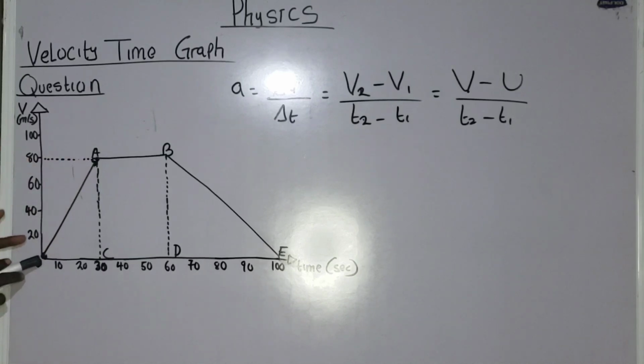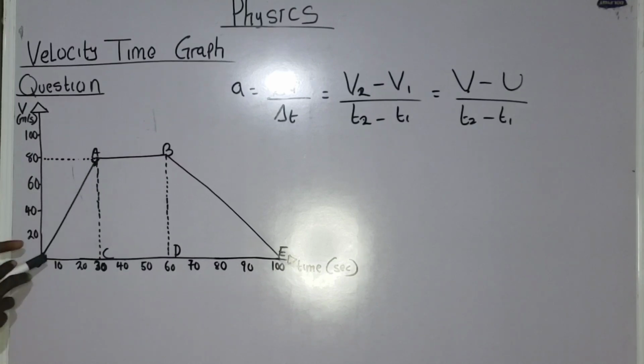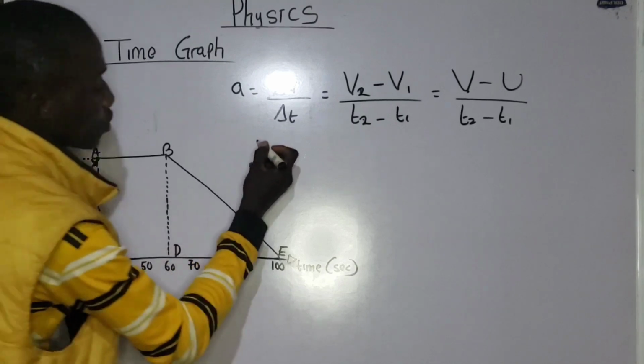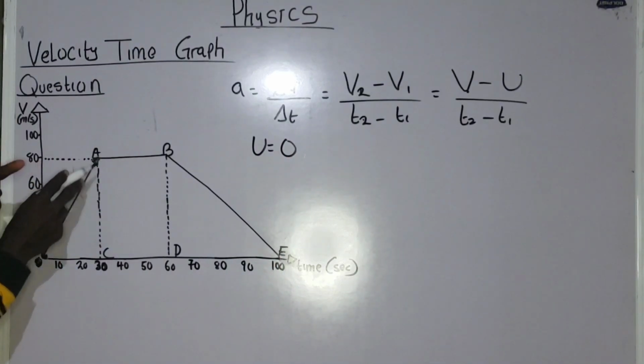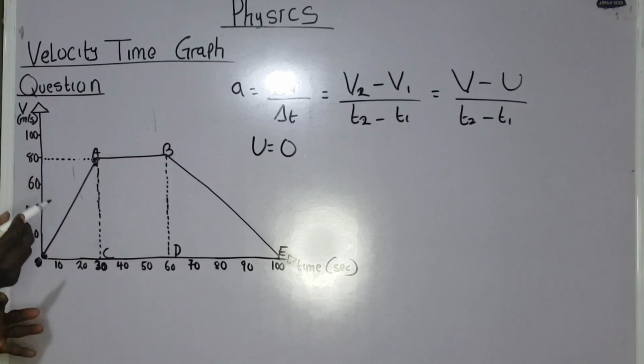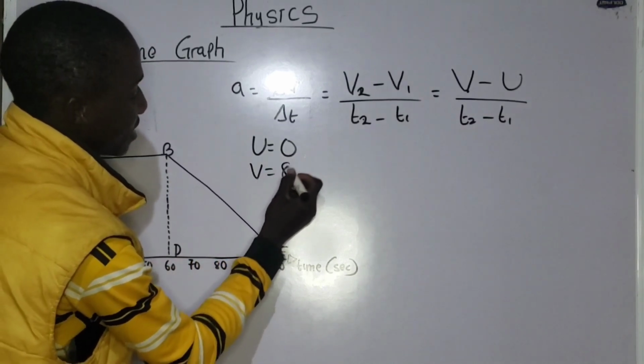So this one becomes the initial velocity, and this point becomes the final velocity. The velocity at this point is 0. That is the u. u equals 0. The final velocity, which is the velocity it attained because of the acceleration, is 80. So v equals 80.